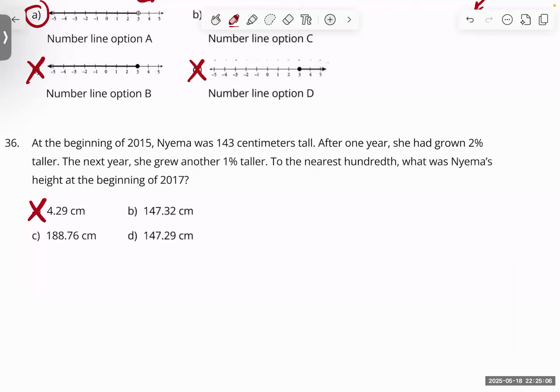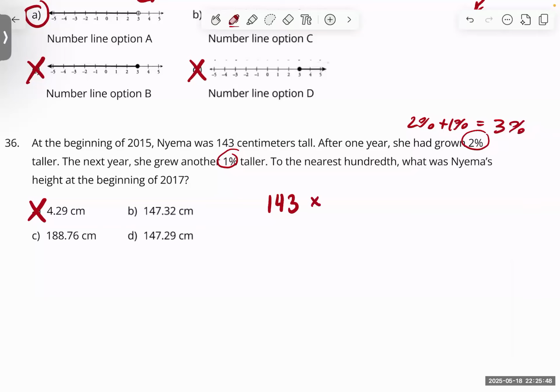So at the start of the year, she was 143 centimeters tall. After 1 year, she grew 2% taller. 2% of what? Of 143. But then the next year, she grew another 1% taller. The easiest way to do this is to think that she was already 143 centimeters tall, and she grew 1% plus 2%, a total of 3% taller.